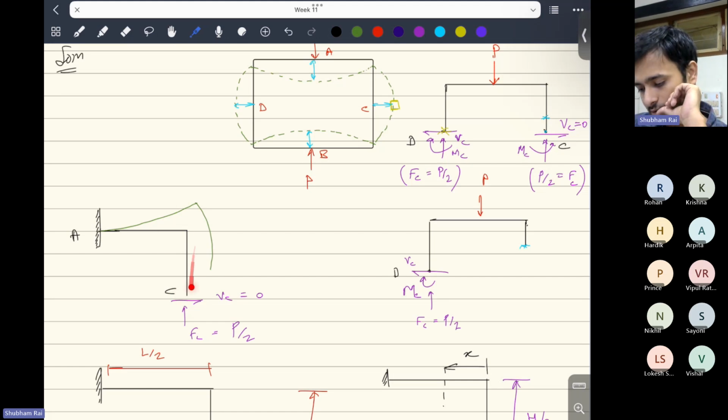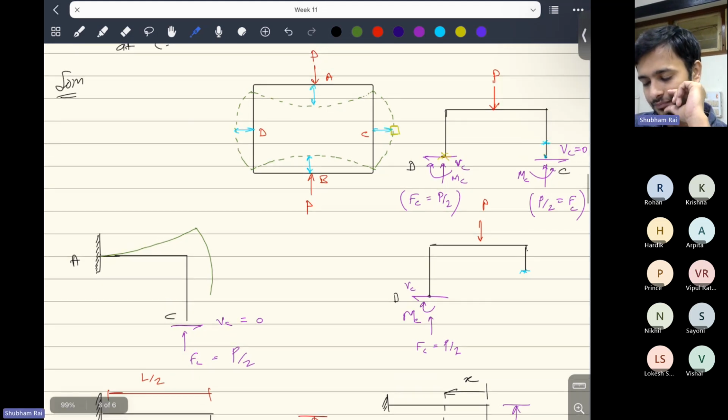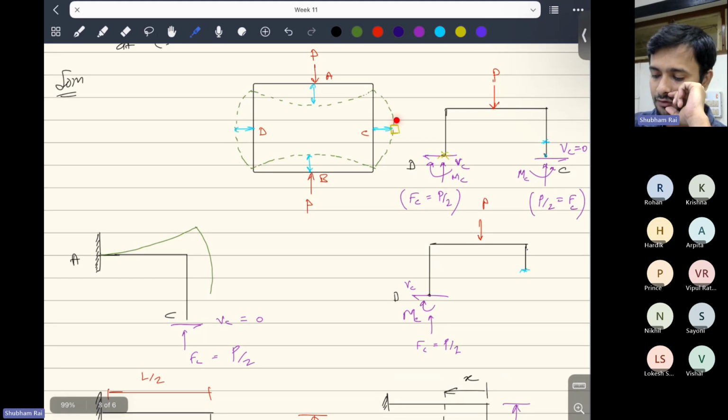So one thing that you can do is, if you are able to see, the vertical deflection of point C will be equal to the vertical deflection of point A. Are you able to see that? I mean, we have taken this as reference, right? So in this as reference, the point C will be this much above, right? Ideally point C is not getting any vertical displacement because it is at its place.